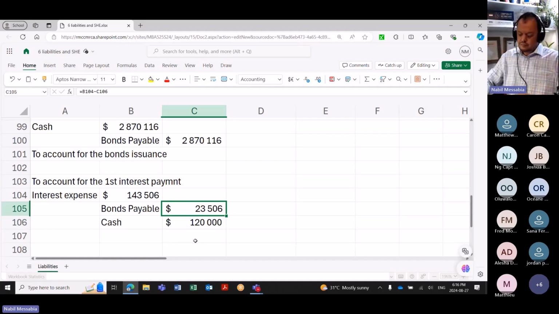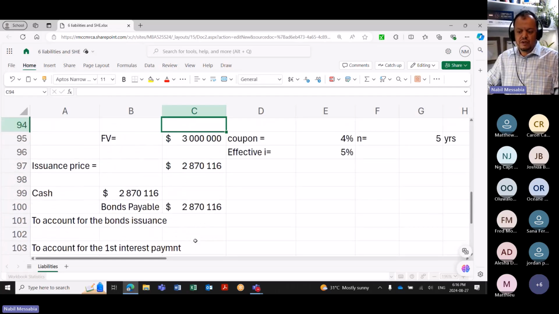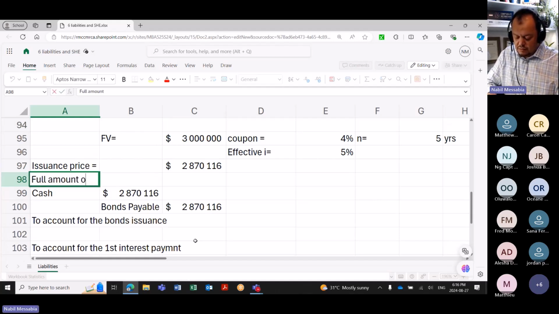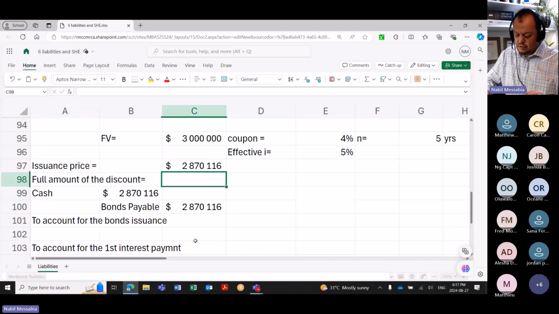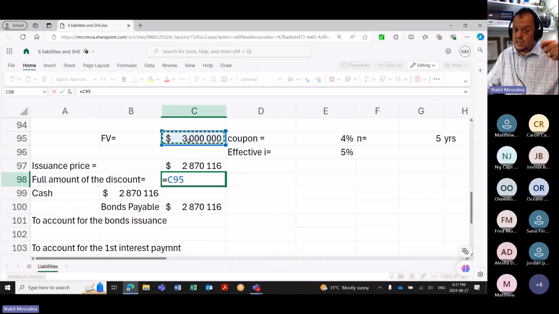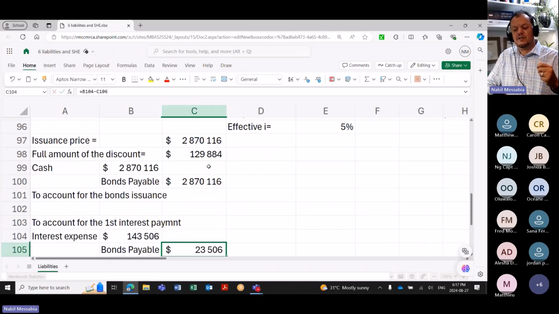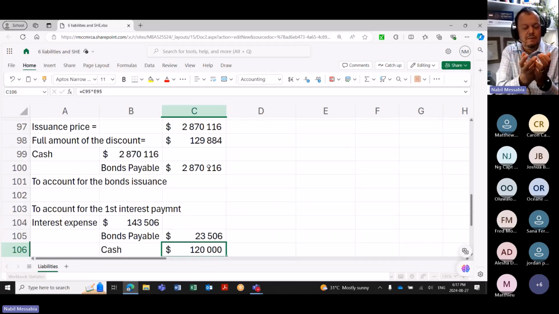We can calculate here the full amount of the discount, which is the difference between the 3 million that I'm going to reimburse at the maturity day minus what we have collected today. That $130,000 of discount is part of your cost, and you have to amortize it and bear a portion of it every year.